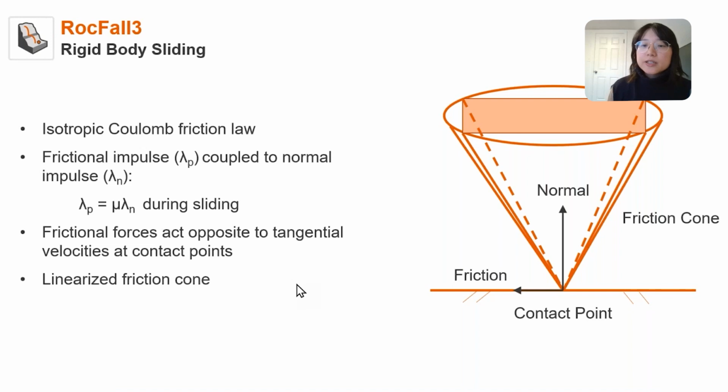So when the rigid body is sliding, the frictional impulse is exactly equal to the dynamic friction mu times the normal impulse. So to handle multiple simultaneous impacts at different contact points, we are using a linear complementarity formulation. So this means that our friction cone also has to be linearized as an approximation.